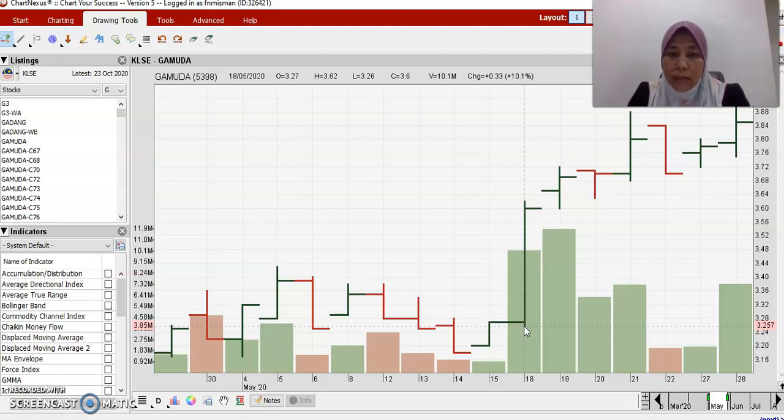As we can see, for a bar chart we have two different colors of bar. First, a green bar. Second, a red bar.